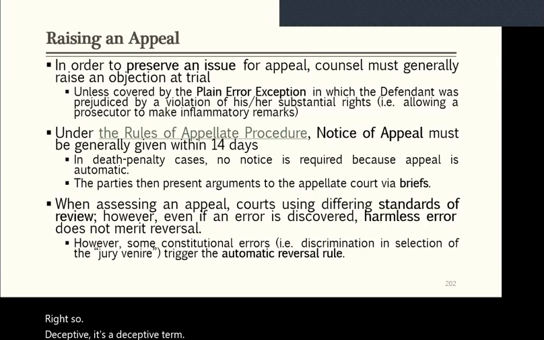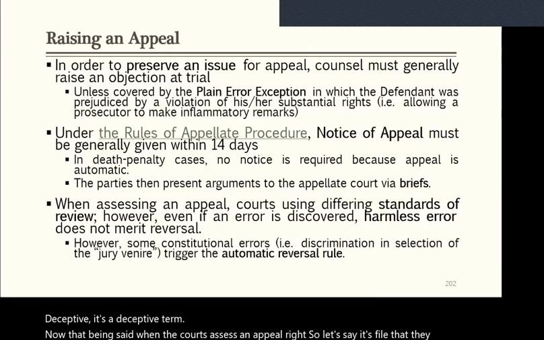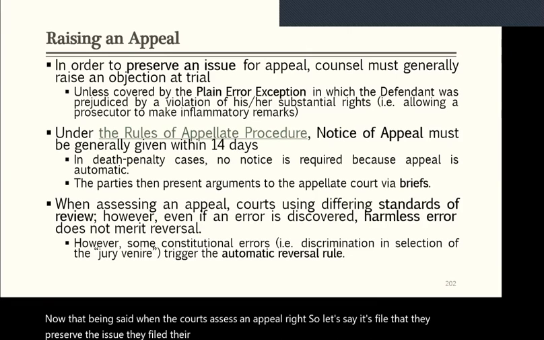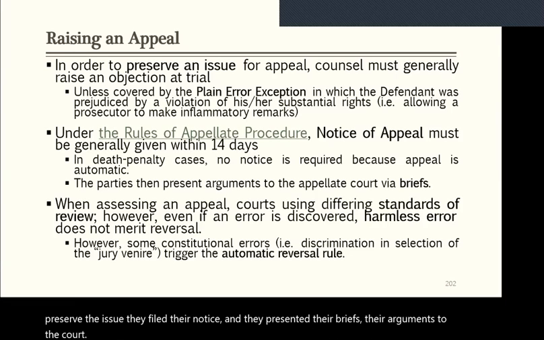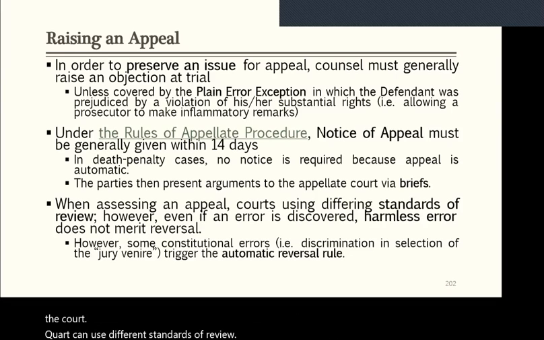Now, that being said, when courts assess an appeal, right? So let's say it's filed, that they preserve the issue, they filed their notice, and they presented their briefs, their arguments to the court. The court can use differing standards of review. And we won't get into all the standards of review.